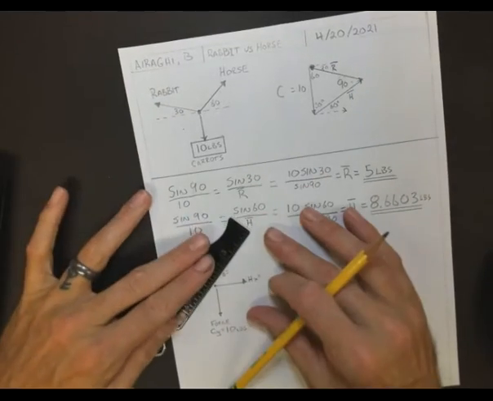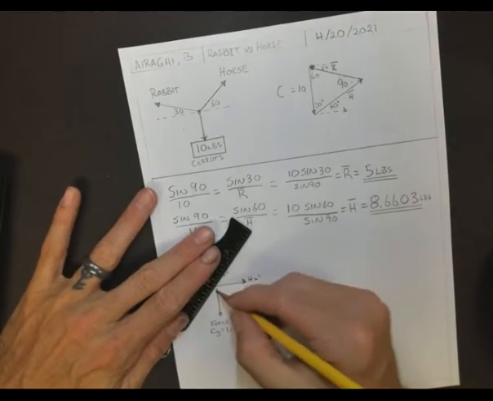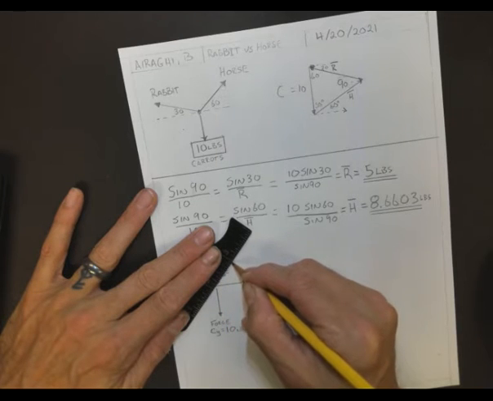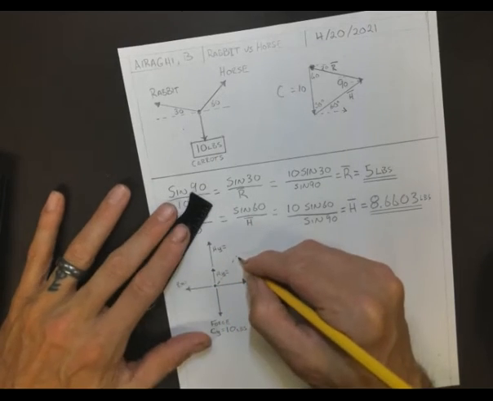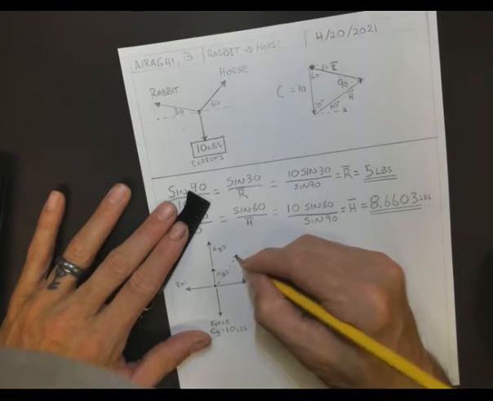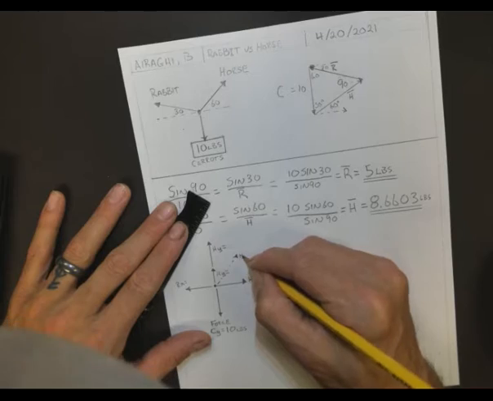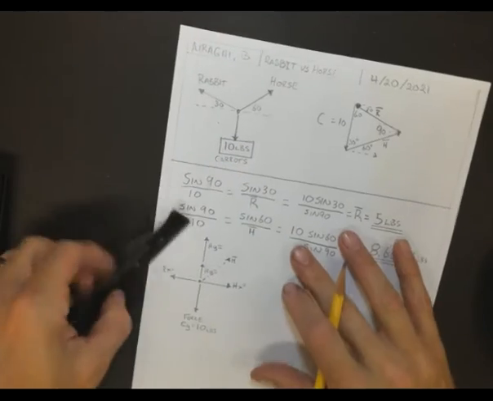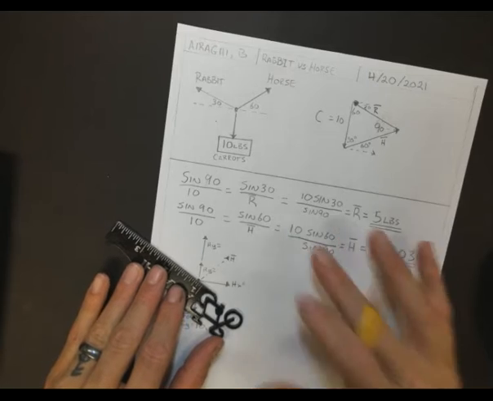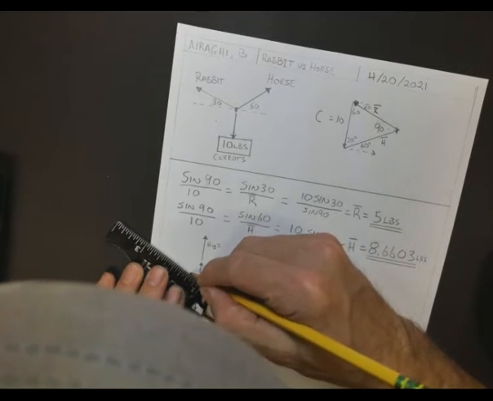And I'm just going to do this for you to make it a little bit easier. I'm going to create this, and I'm going to call this H, vector H. Then this direction is going to be at a 30-degree angle-ish.